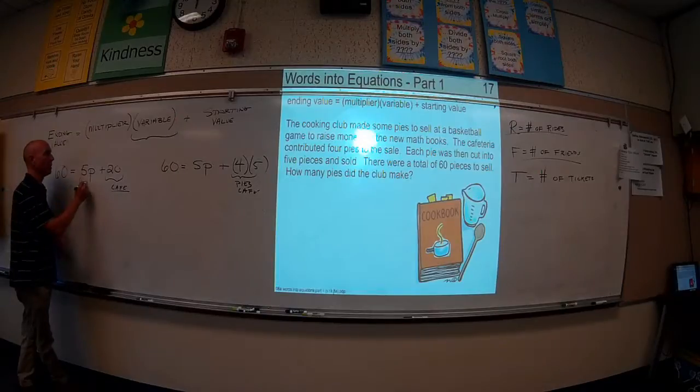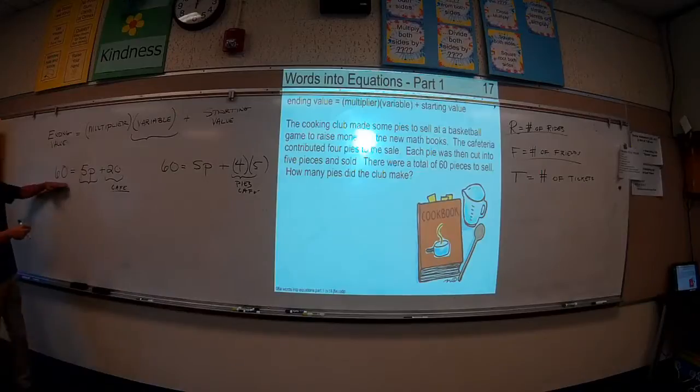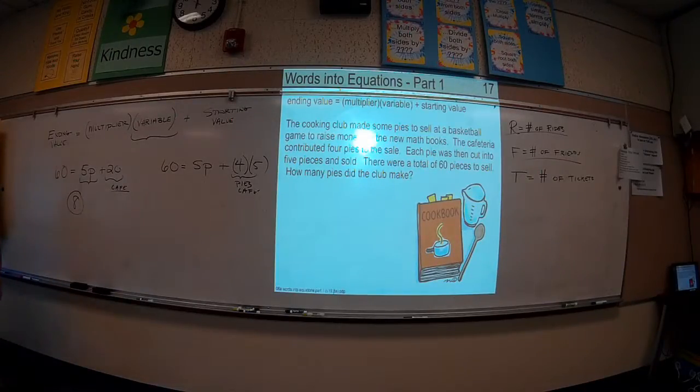Good. So here are the pies that we're about to bring. Here are the pies the cafeteria is giving us. Here are the pieces we're about to bring. If I bring 1 pie, 5 pieces, 2 pies, 10 pieces, 3 pies, 15 pieces. I need 60 pieces. I solve it, and that should work out to be 8. I need 8 pies. I bring 8 pies. The cafeteria gives me 5 pies. We have enough slices. We all eat pie.